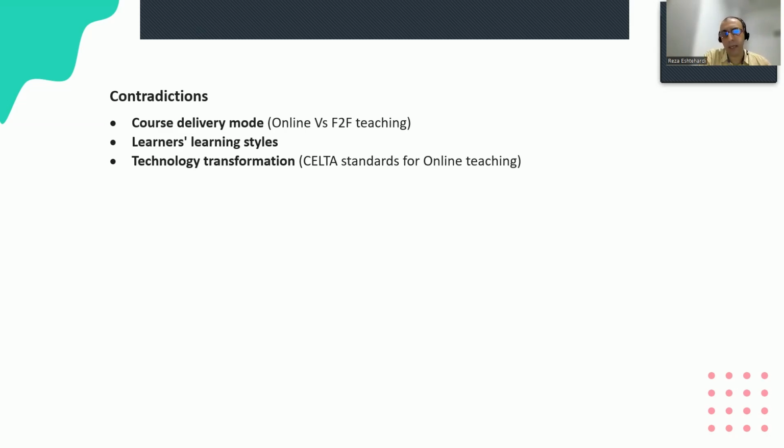The other side is that candidates are not really encouraged in online teacher training to consider learning style in their planning when they are going to teach. And they were not really sure how to do this when it comes to lesson planning for online courses. So these are the issues that I believe we need to consider.